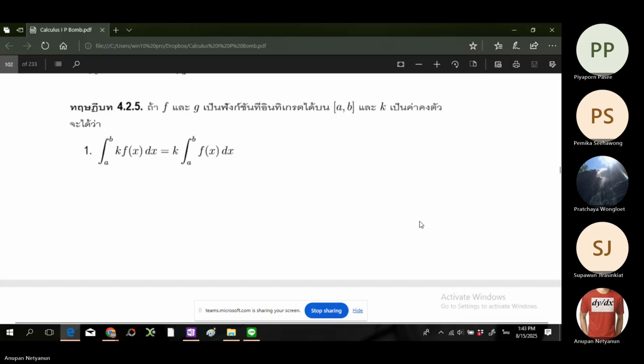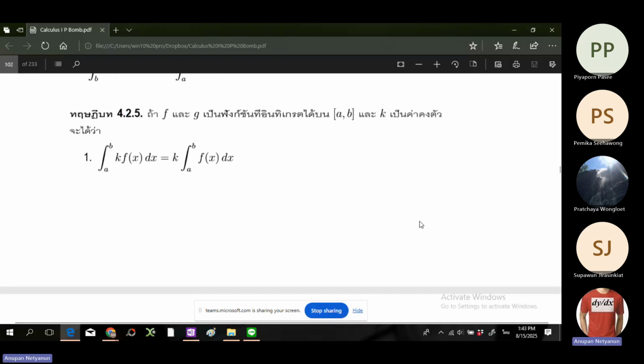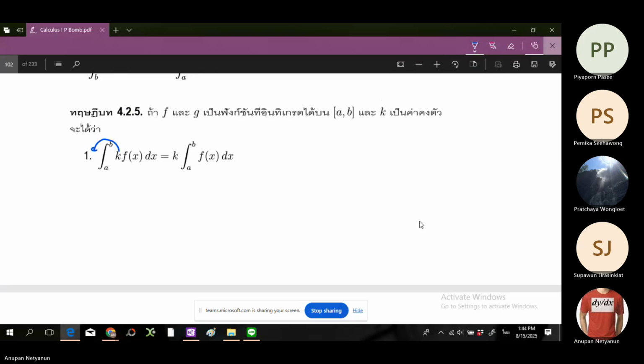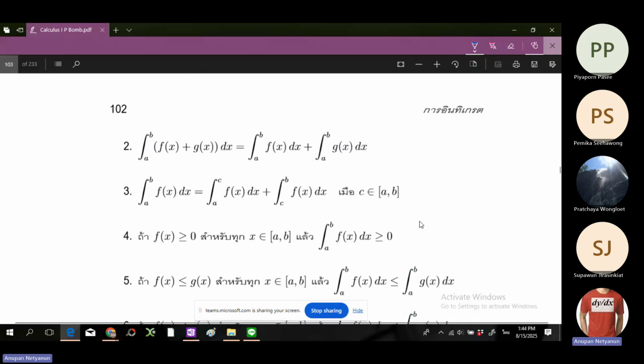And here are more properties: when you have the definite integral of a constant times a function, the constant can come out of the definite integral. And when you have two functions added or subtracted, the integral can be taken for each term.